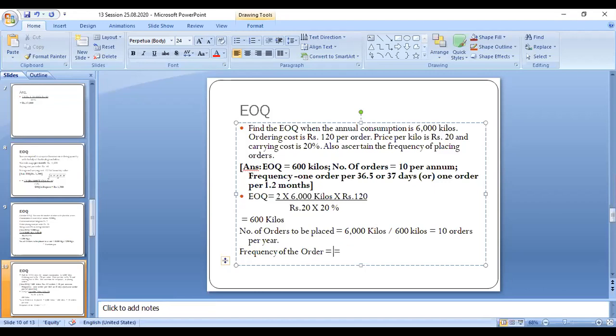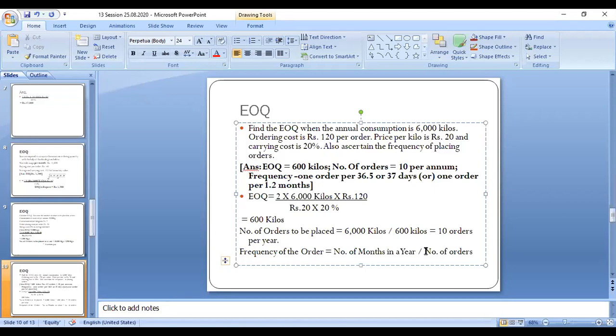I will give you the formula also: number of months in a year divided by number of orders. If you put these in, you will get the number of months.